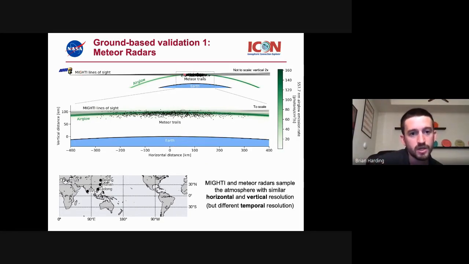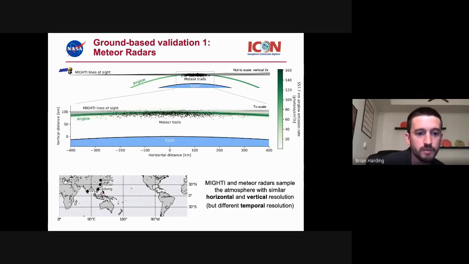The MIGHTY integration path is a little bit longer than the meteor observing's horizontal averaging function, but they're close, especially at night when the layer is thinner.